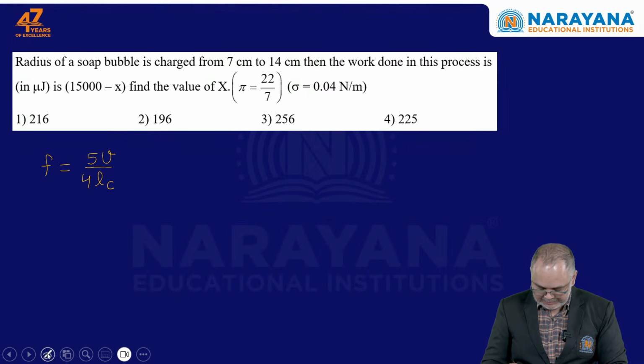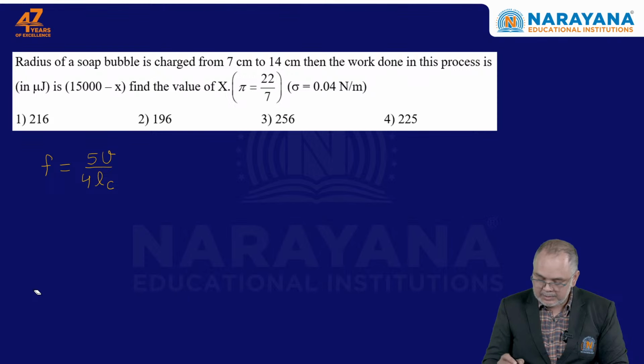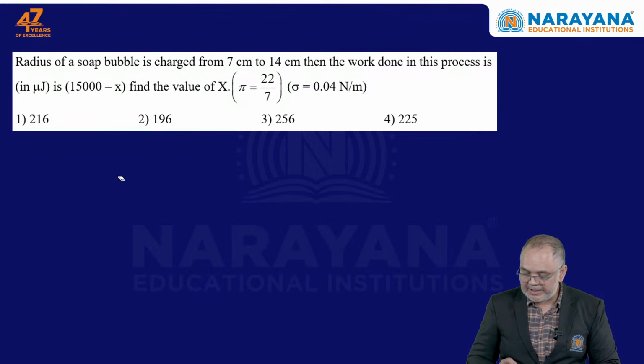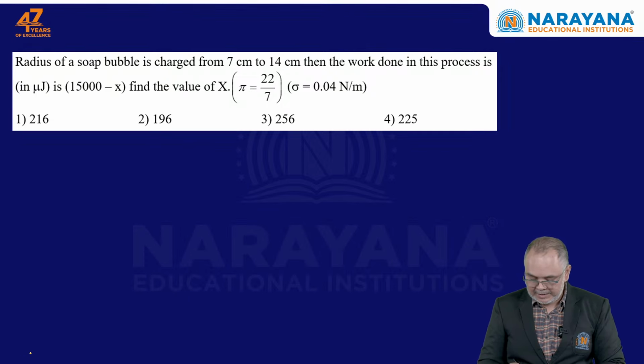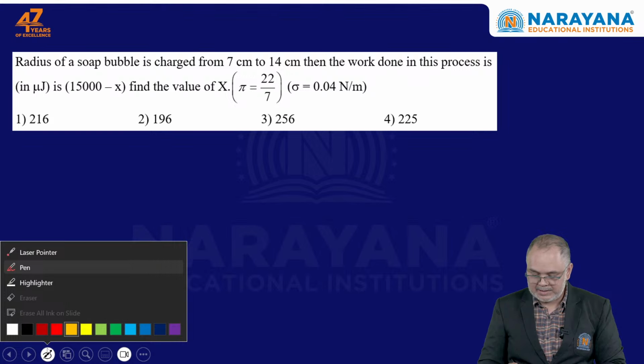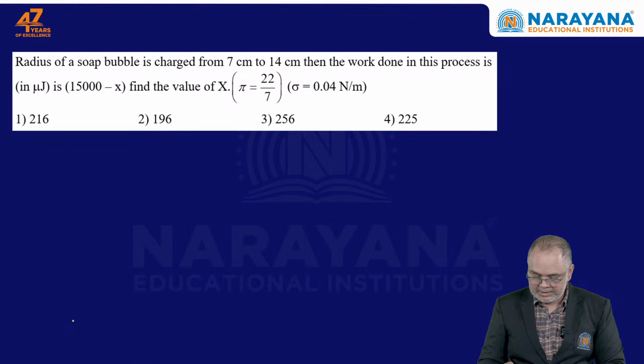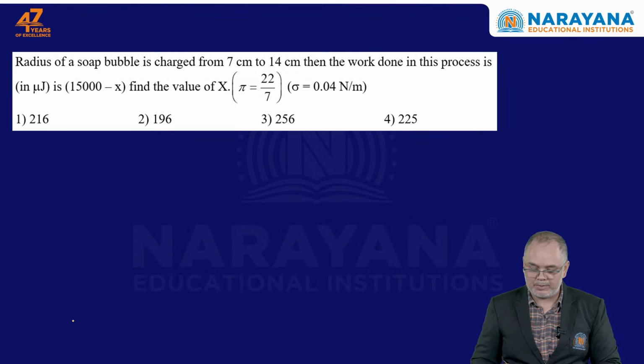Next question is, the radius of a soap bubble is changed from 7 centimeter to 14 centimeter, then the work done in this process in microjoule is 15,000 minus x. Find the value of x, pi is 22 by 7, and surface tension is given as 0.04 Newton per meter.